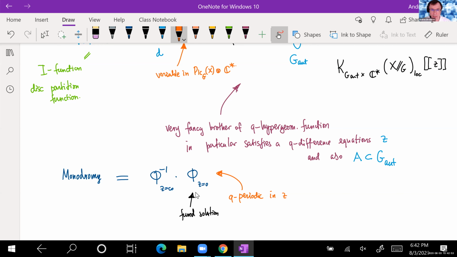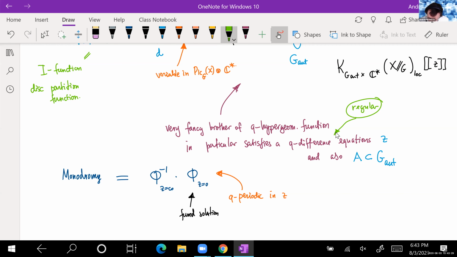So this is like a symplectic condition. Under a hypothesis like this, you can prove that the equation is in fact regular. So you can study it not only at z equals 0, but also at z equals infinity, and then you can compare it. This is an important thing here.